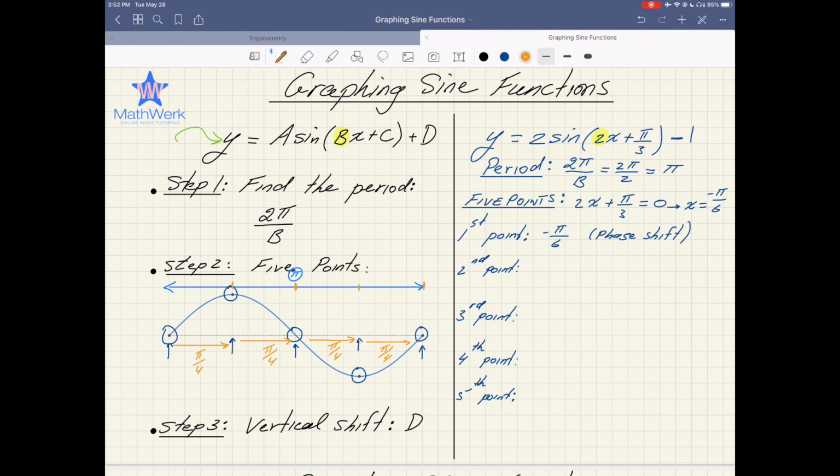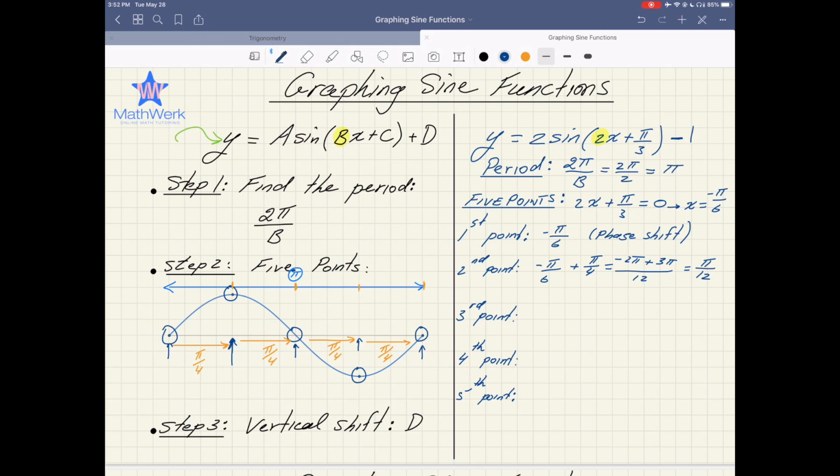Okay, so for example, to find the second point here, we're going to take the first point, which is negative pi over 6, and we're going to add pi fourths. Of course, the common denominator here is 12, so this would be negative 2 pi plus 3 pi all over 12, which gives us pi over 12.